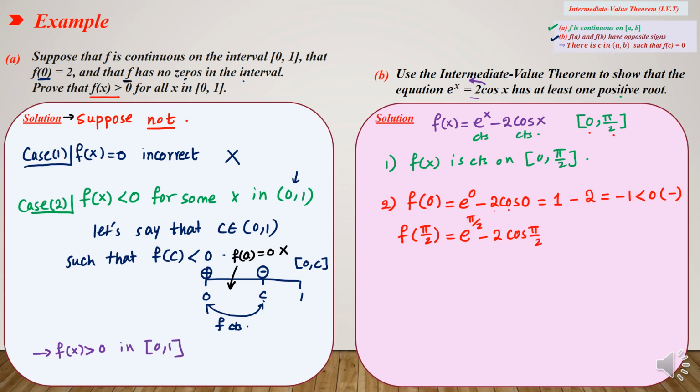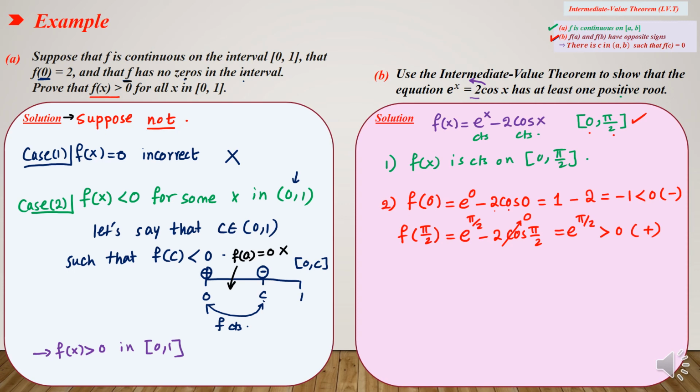Cosine pi over 2 is 0, so we have e to the pi over 2, and this quantity is greater than 0, which means it is positive. So our interval is valid because the images of the endpoints under f have opposite signs, which means the second condition in the I.V.T. is satisfied for the given f.